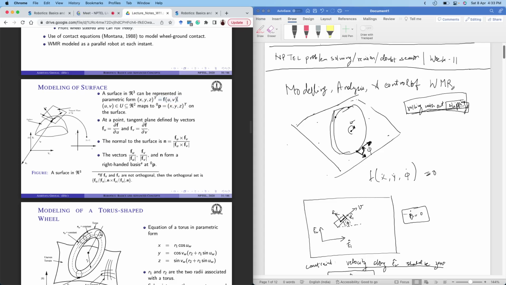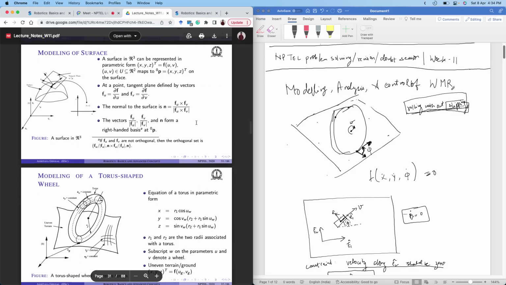What it means is that you only need two independent variables to fully specify the surface. So if you're trying to represent the surface in 3D using three variables, then there will be a constraint associated with that particular surface, right?